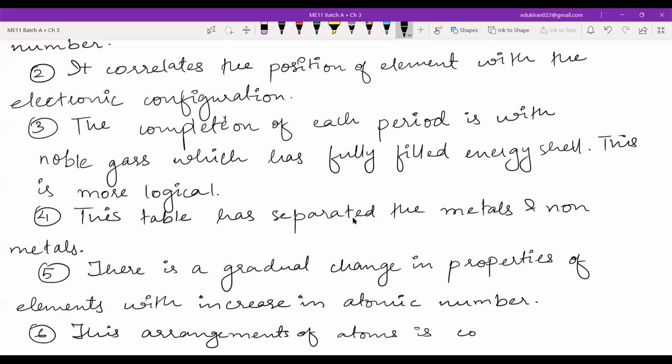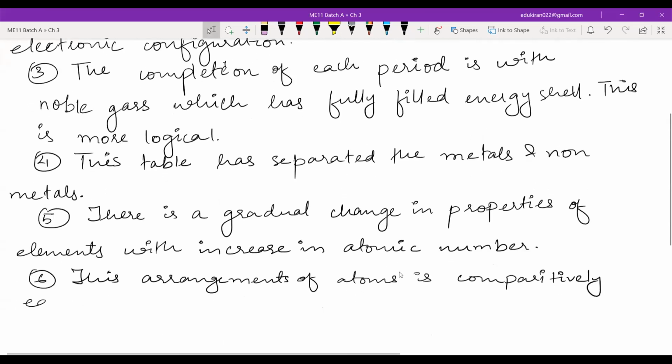Is comparatively easy to remember and to reproduce. That means you can remember it and you can reproduce it also. Okay. So please write this. Let me know if you are done.